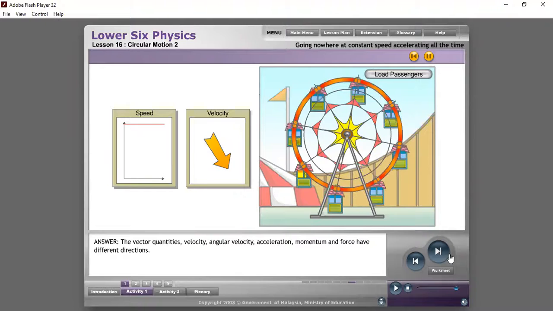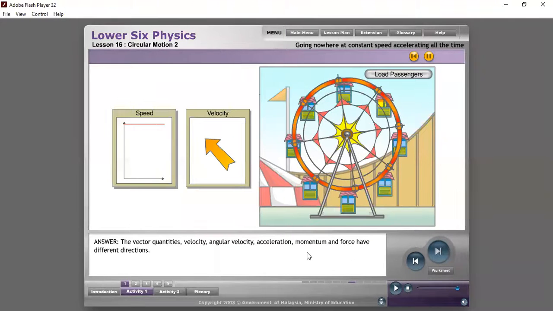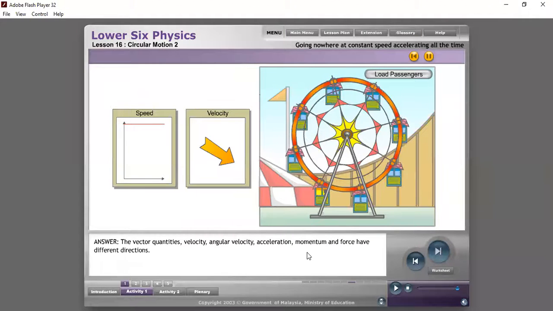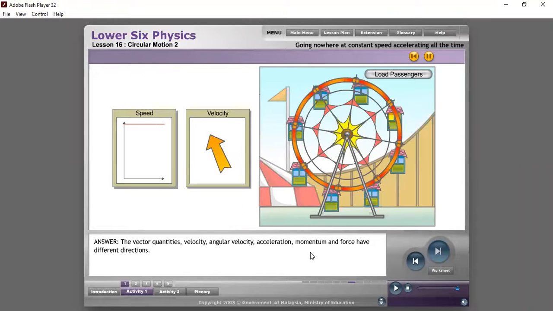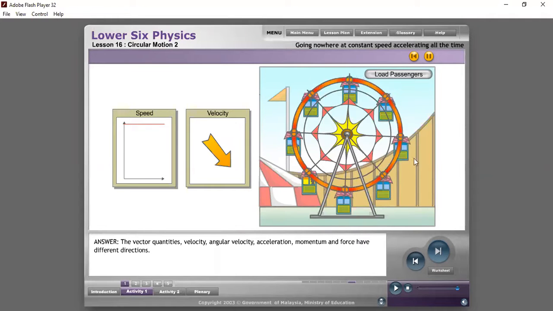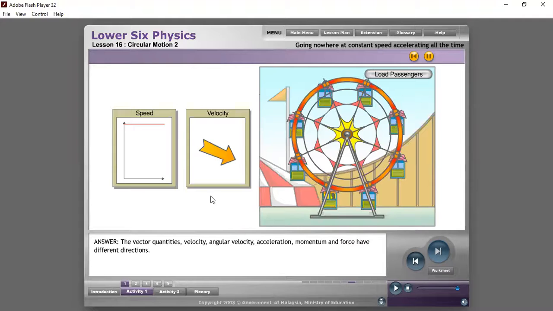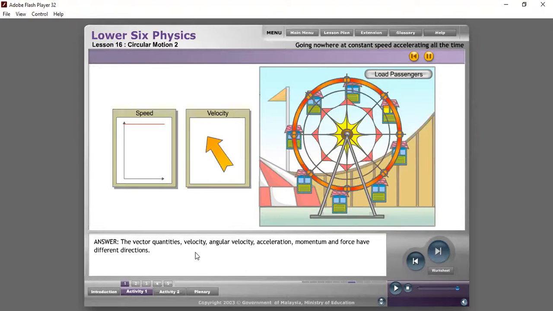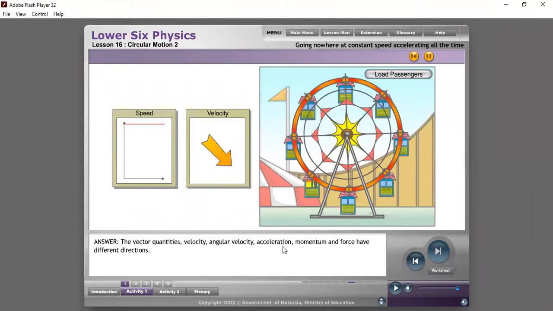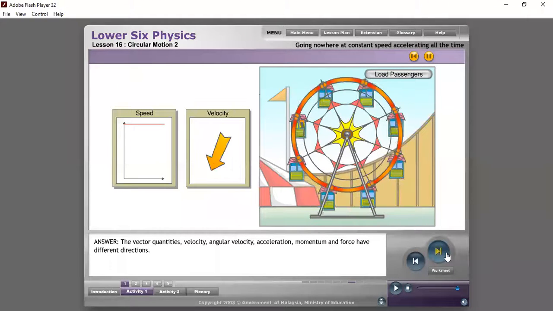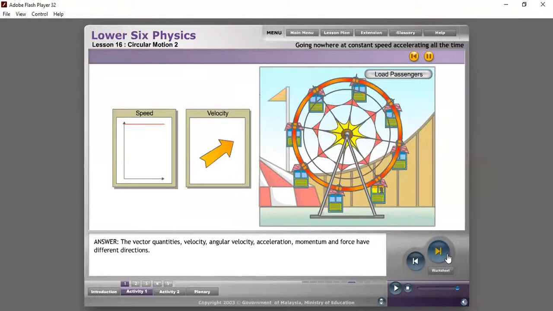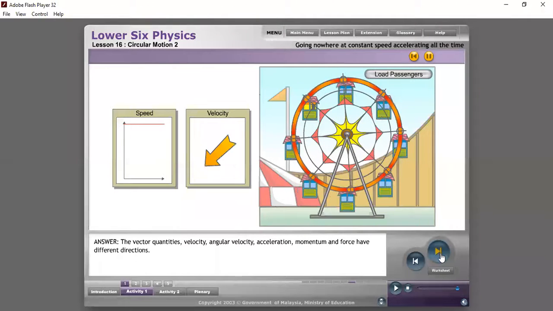So all of them are vector quantities, and all of them have direction. If in circular motion the direction always changes, this means that the velocity, angular velocity, acceleration, momentum, and the force are always changing, because of the change in direction.